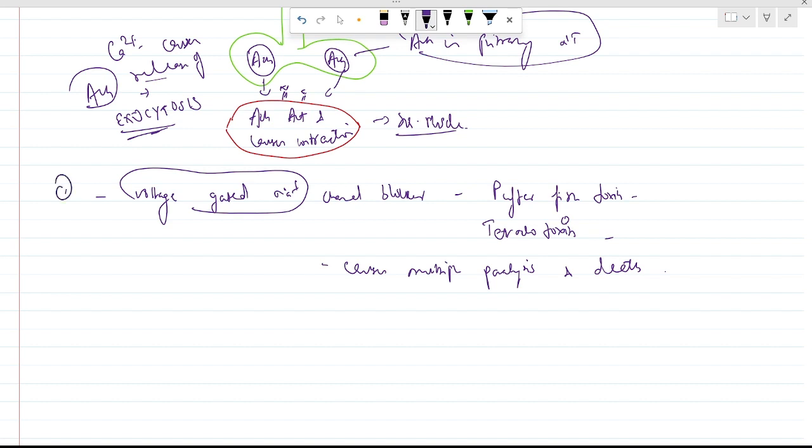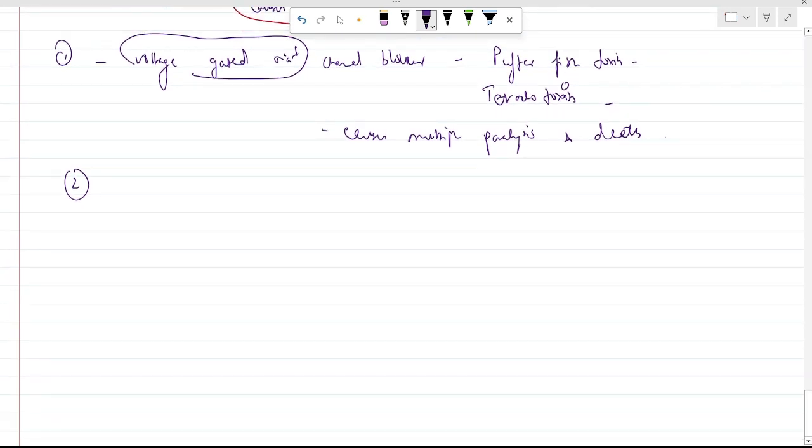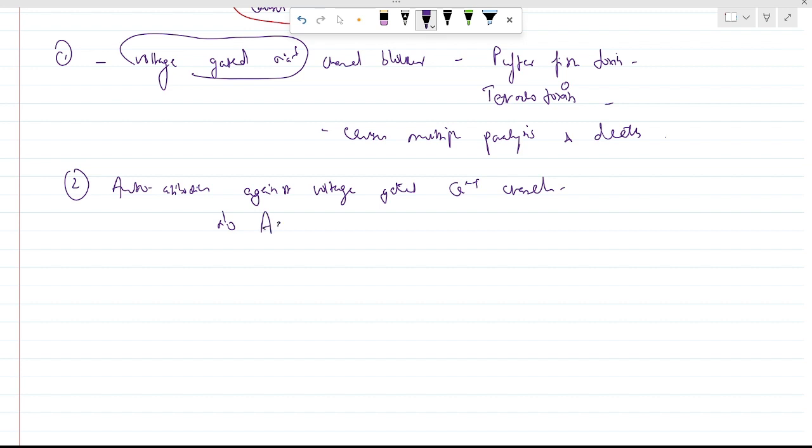Okay, first point. Second point relates to the voltage gated calcium channels. So there are autoantibodies against voltage gated calcium channels. So there is no acetylcholine release, leading to paralysis.